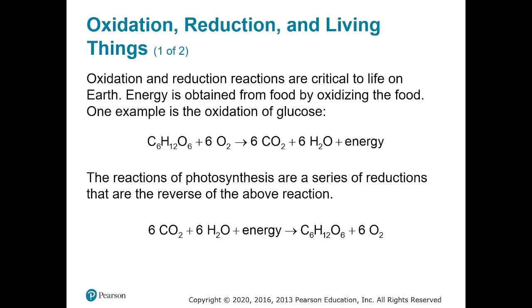The oxidation and reduction reactions are going to be critical to life on Earth. Energy is obtained from food by oxidizing the food. One example is the oxidation of glucose, of course. This pairs very nicely with the photosynthesis of glucose. So we take glucose and we oxidize it.